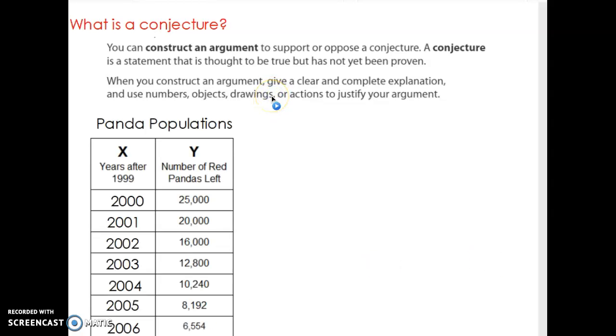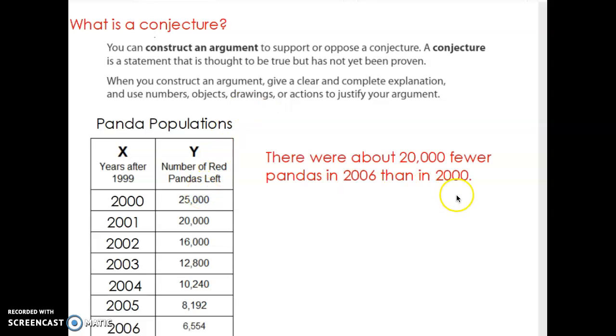We have our data chart that we've been presented with. Let's take a look at a sample conjecture. There were about 20,000 fewer pandas in 2006 than in 2000. So after reading that statement, you need to look at the information in the conjecture, and take a look at the information in the chart.